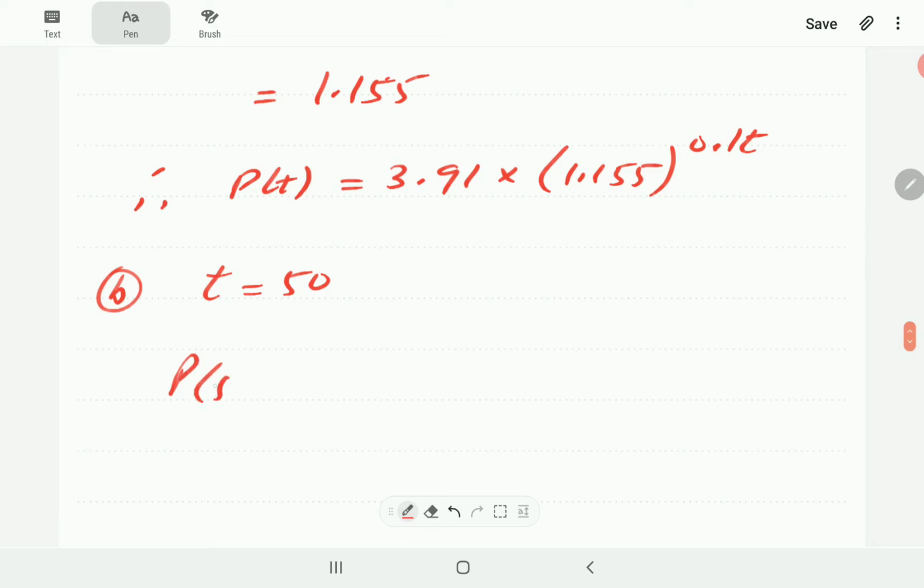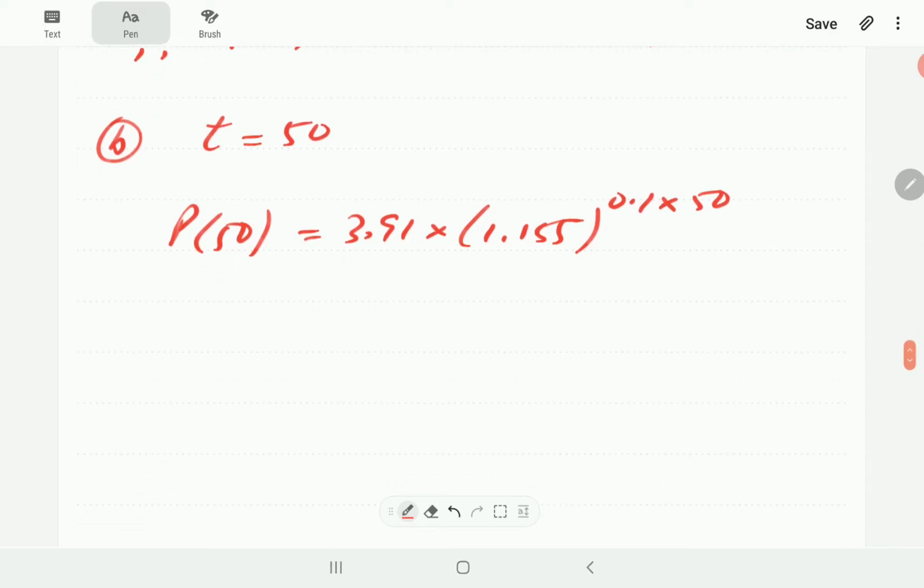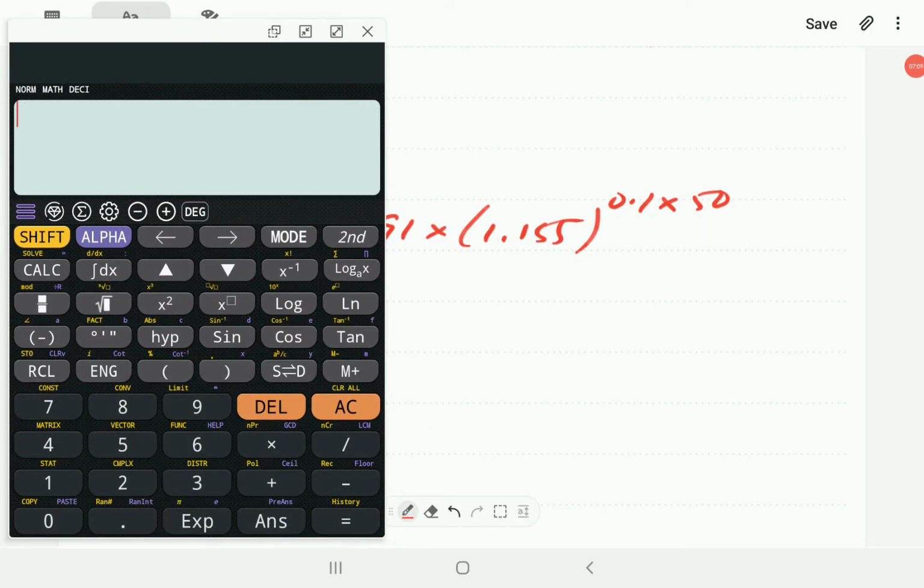So it's going to be P of 50, 3.91 times 1.155 to the power 0.1 times 50. And then we simply punch this in the calculator. So we have got 3.91 times 1.155 raised to the power 0.1 times 50, which is just 5.